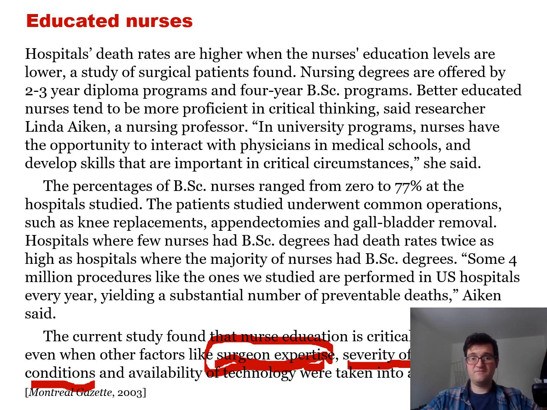So if the nurses with lower education levels were on average dealing with patients with more severe conditions, we would expect more deaths even if their education had no effect on it. So controlling for that allows us to rule that out as an alternative explanation.